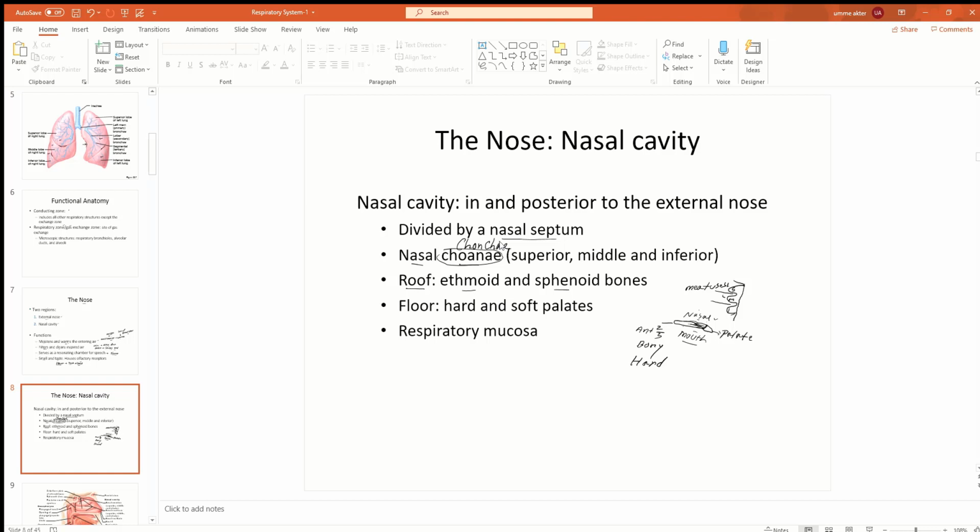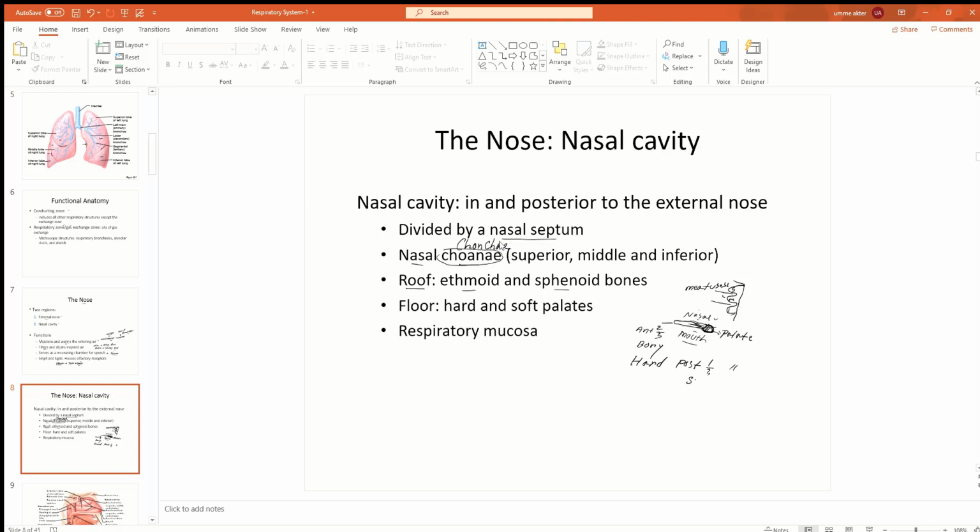Okay, and the posterior one-third part is formed by skeletal muscle. This part is covered by thick mucosa, like this. So mainly skeletal muscle covered by thick mucosa, and that is the soft palate.